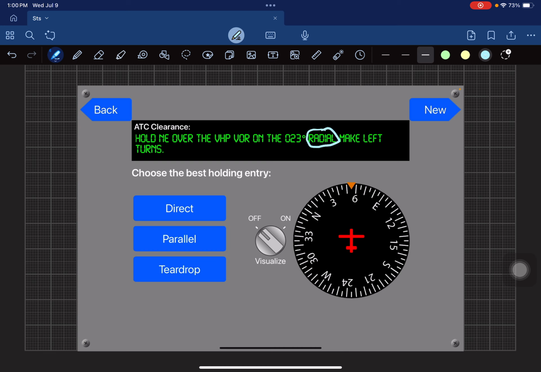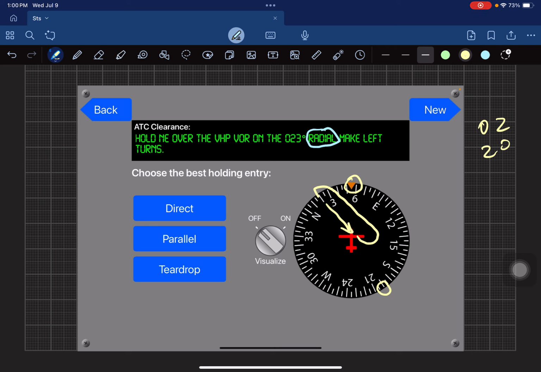This is not your inbound course, this is your radial. So the reciprocal plus 2 minus 2, 203. 203 is going to be your inbound, your initial heading 055, and then you're going to make a turn to the left, the other left.